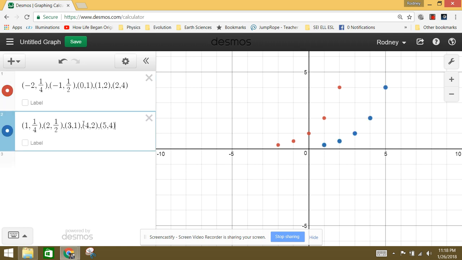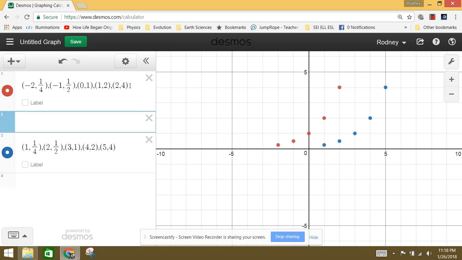Notice that every single point has a corresponding point 3 over to the right. So we're going from our y-intercept at (0, 1) over to (3, 1). Our x value changed by 3. So each time I go over by 3, and that's what that x minus 3 ends up doing.